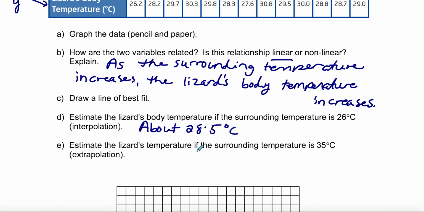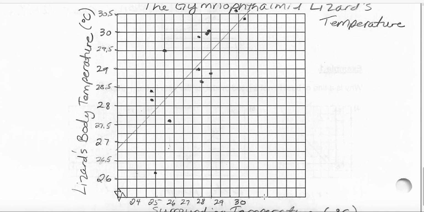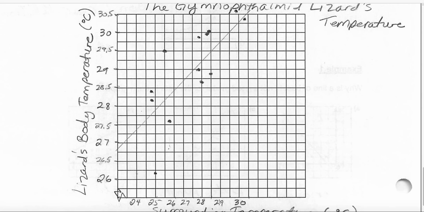Estimate the lizard's temperature if the surrounding temperature is 35 degrees Celsius. This is extrapolation because this is going to go beyond our graph. When I look here, I only went up to 30 for the surrounding temperature. So if I go another 5, it'd be kind of at the end of this graph.